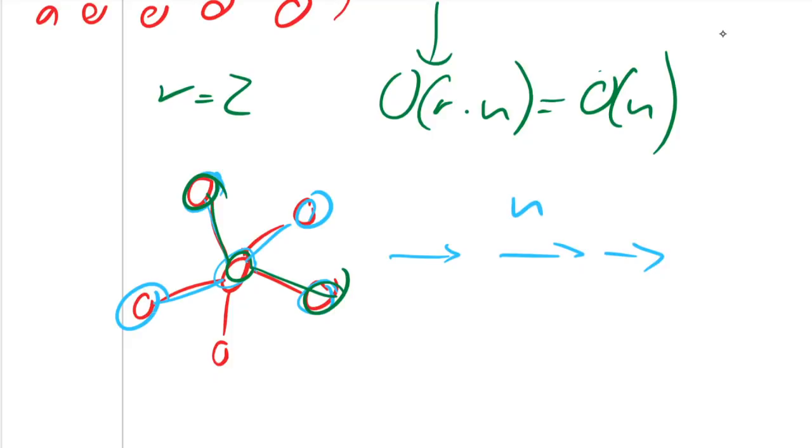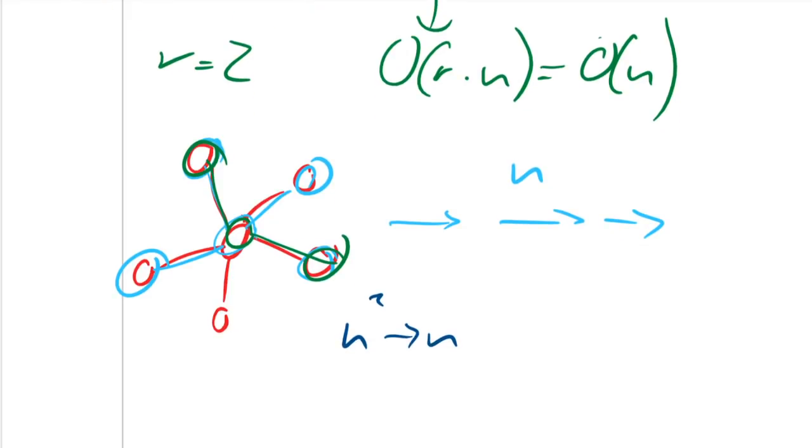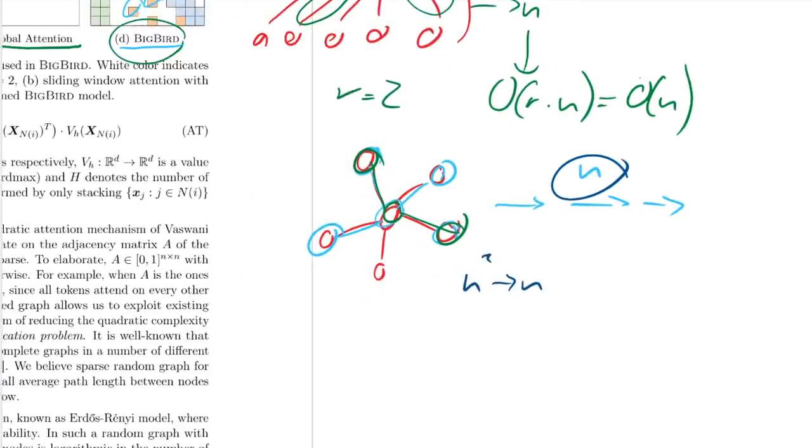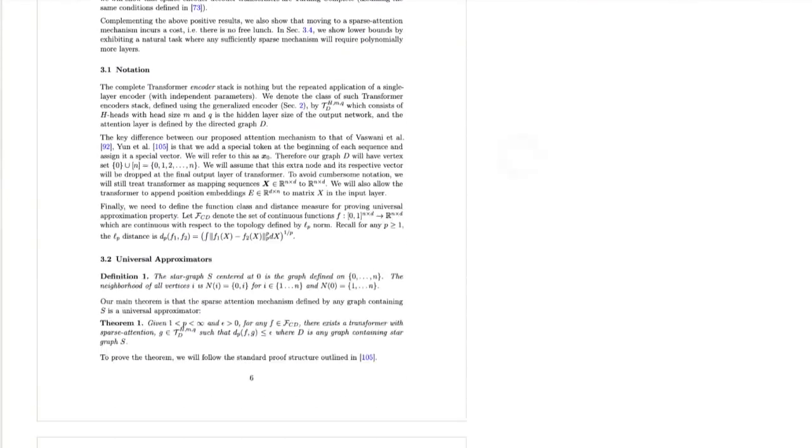So you trade off, you go from n squared to n memory and compute requirements in a single layer. But in the worst case, you need n layers to recover the power of the full transformer, and that is the last one of their theoretical results right here.